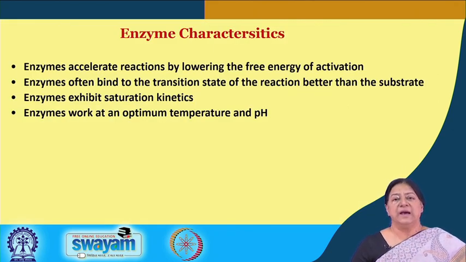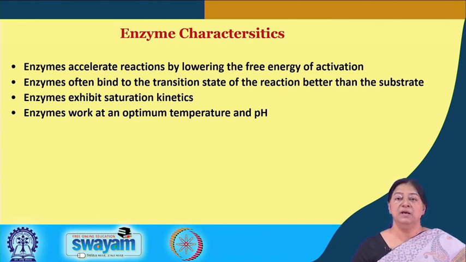When we look at enzyme characteristics, they accelerate the reactions, as we saw, by lowering the free energy of activation. They often bind to the transition state of the reaction better than the substrate, and they exhibit what is called saturation kinetics. We will see what that means in a moment, and they work at an optimum temperature and an optimum pH.